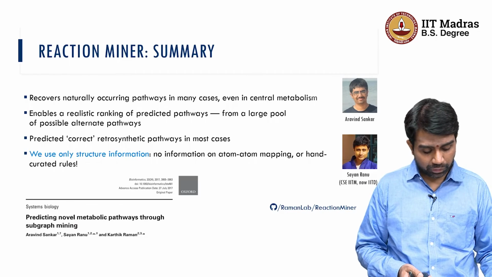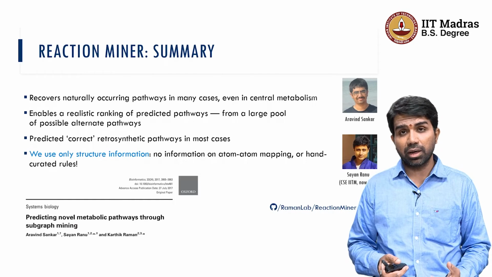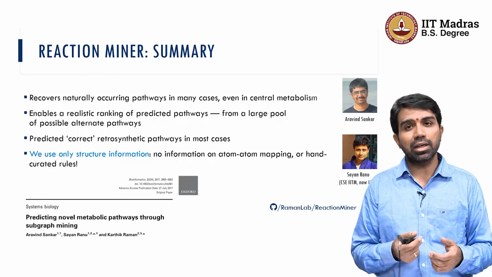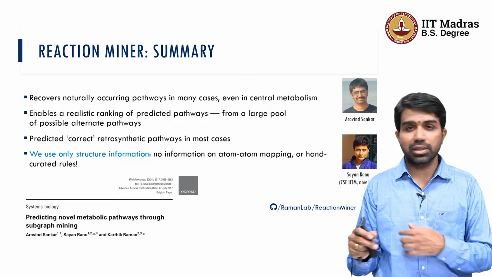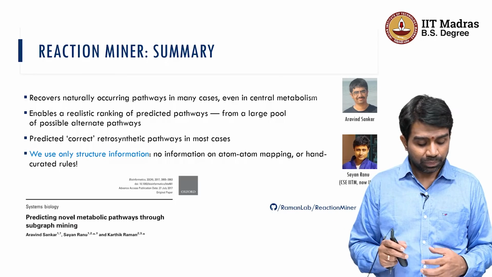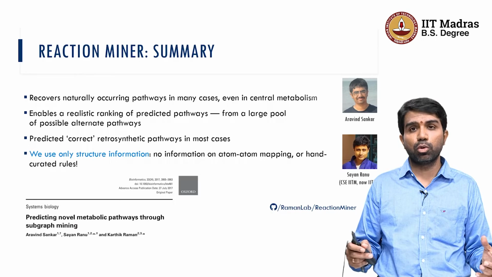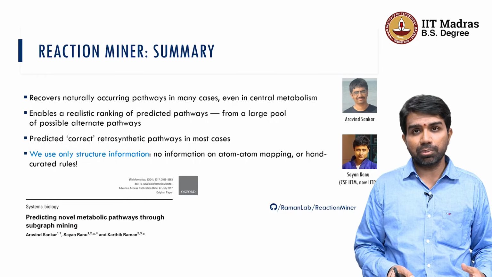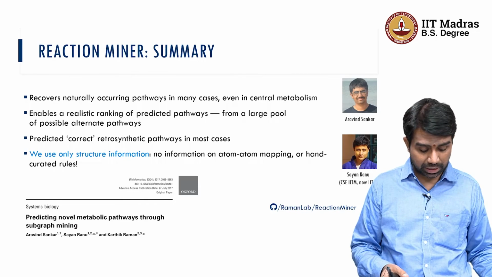So what did we find? We were able to recover naturally occurring pathways in many cases, even in central metabolism, which is essentially very confusing because central metabolism has a lot of similar looking molecules and carbohydrates, amino acids getting transformed to one another. And we also were able to get a realistic ranking of these pathways from a large pool of alternates. And we predicted the correct retrosynthetic pathway that has been found in literature and so on in many cases.